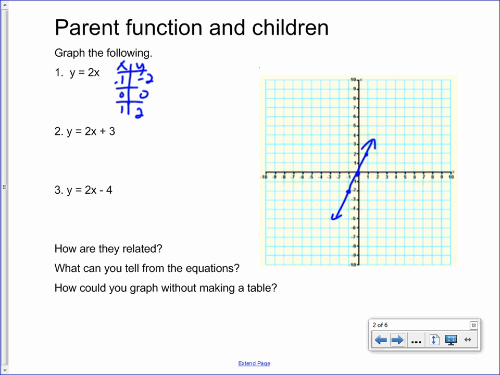Okay, if I did this one, and I did those same 3 x values, I should say, if I put in a -1, I'd have 2 times -1 plus 3, which gives me a +1. If I put in a 0, I would get out a 3. If I put in a 1, I would get out a 5.